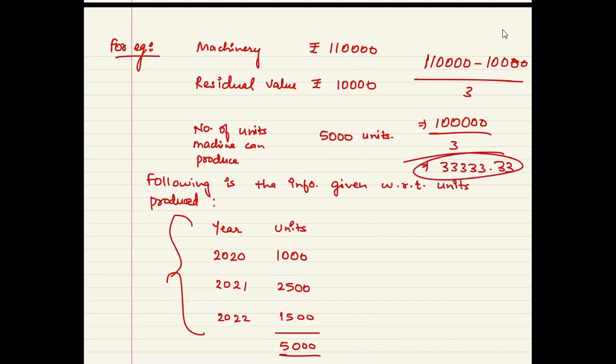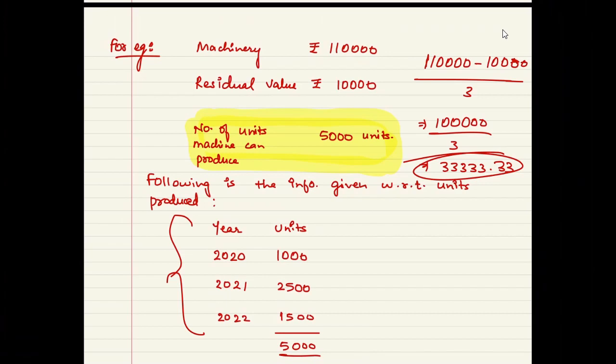So as per the SLM method, this depreciation will be charged on the machinery. But now the question says there is no information on the useful life, but there is information on the number of units which the machine can produce. So I have a capacity of 5000 units.